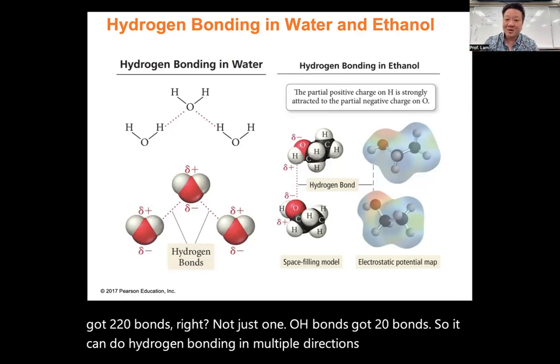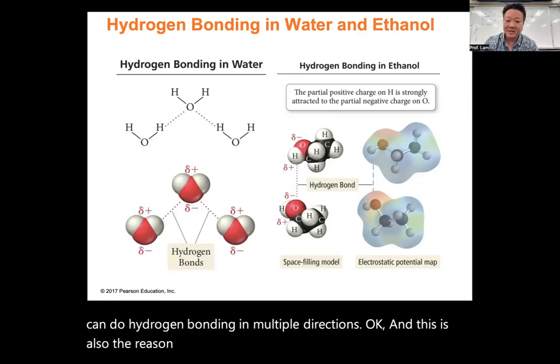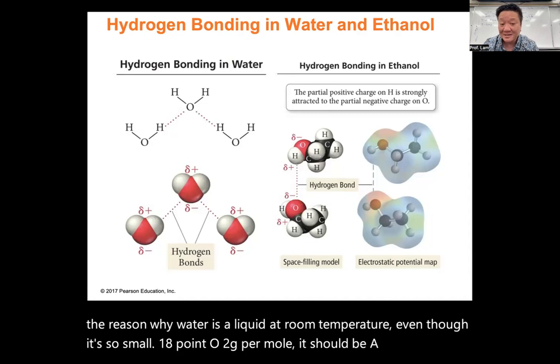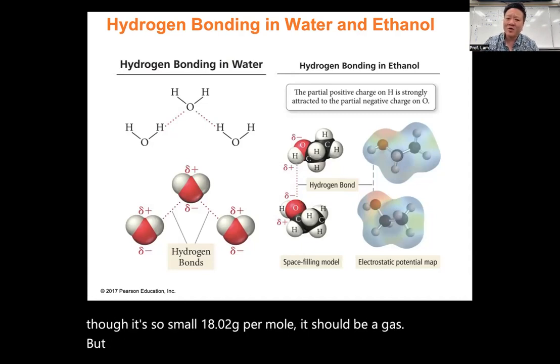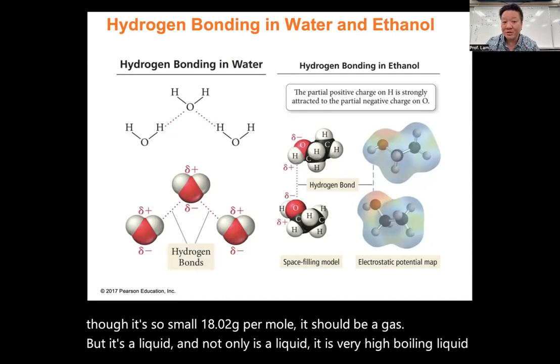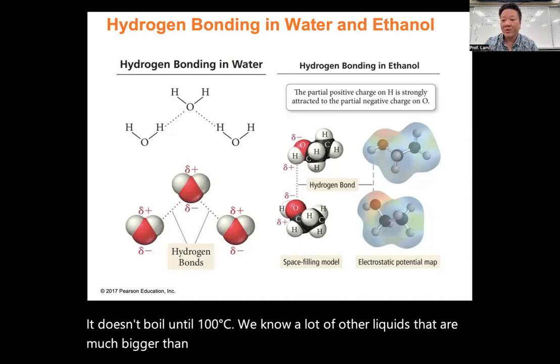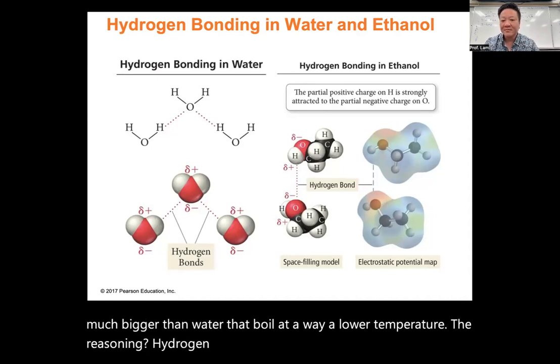This is also the reason why water is a liquid at room temperature, even though it's so small, 18.02 grams per mole. It should be a gas, but it's a liquid. And not only is it a liquid, it is a very high boiling liquid. It doesn't boil until 100 degrees Celsius. We know a lot of other liquids that are much bigger than water that boil at a way lower temperature. The reasoning? Hydrogen bonding.